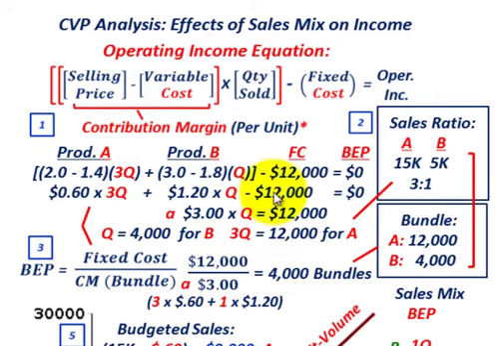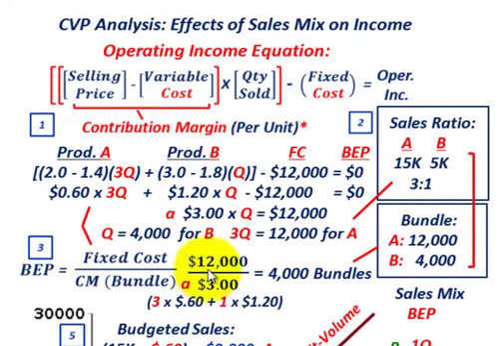So had we not solved for Q here, we could have just taken this equation, had the 4,000 bundles, and just worked off our sales ratio, that 3-to-1 ratio. So 4,000 bundles equates to 12,000 of A, that's 3 times the 4,000, and 4,000 of B, and that's based off that sales ratio.